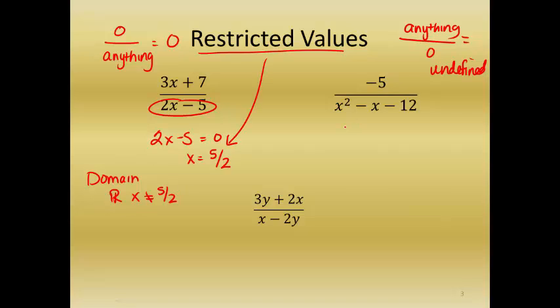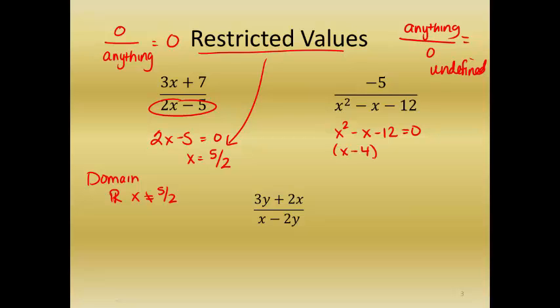Let's take a look at the second example. x squared minus x minus 12 equals 0. Well, in order to find where this equals 0, we're going to have to use one of our methods from our quadratic chapter. That is, we can use inverse operations, we can use factoring and the zero product property, or we can use the quadratic formula. The whole point of this is to determine where is the denominator equal to 0.